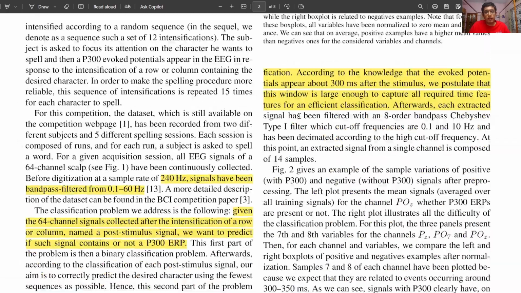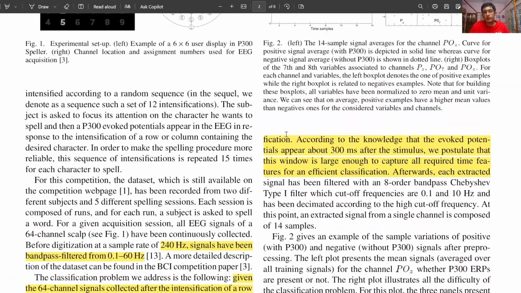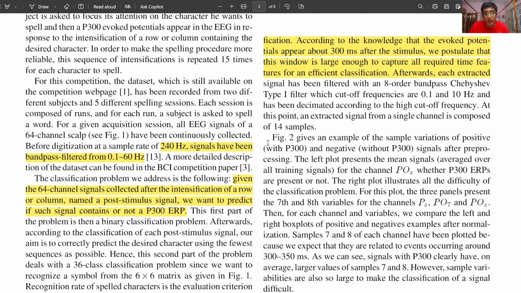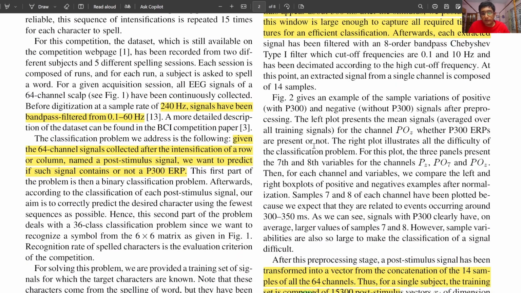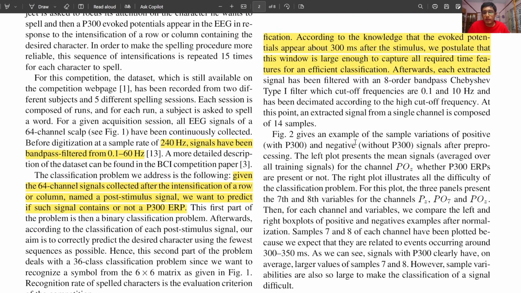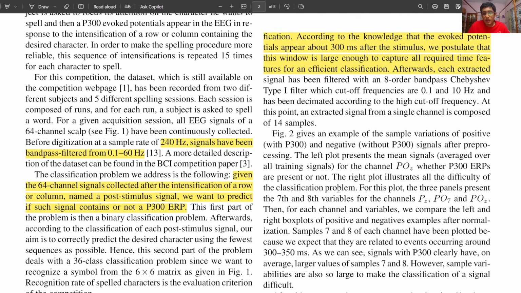To reduce the effect of noise, they have used this ensemble of SVMs, which has considerably improved the accuracy. They have downsampled the data to just 14 samples so that sample 7 or 8 of each channel corresponds to the 300 millisecond data point.